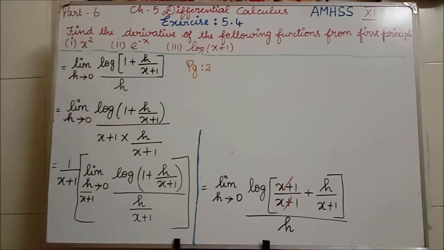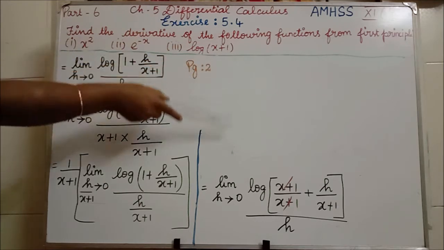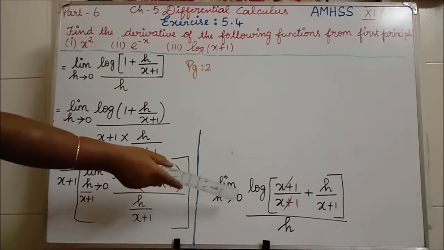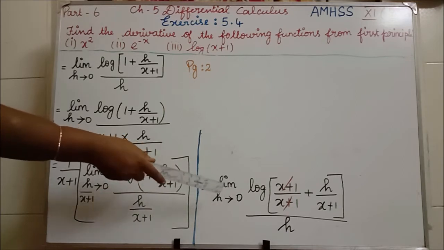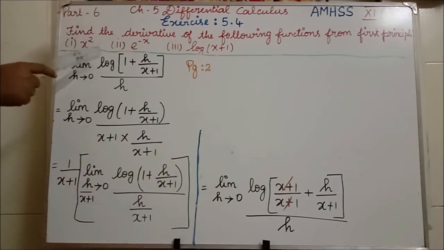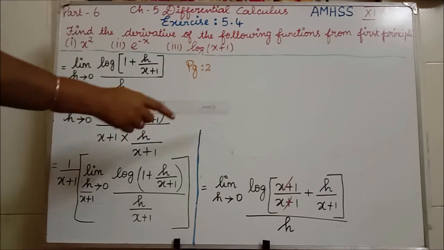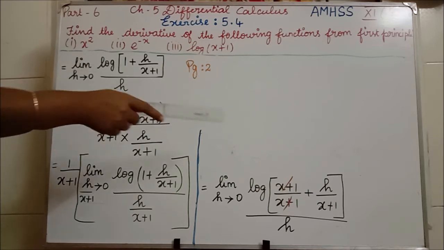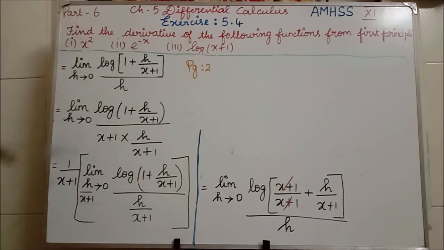This is page number 2. I have written page number 1 this side; this is the last step in page number 1. This alone I have not erased because we are going to continue. Now I am telling how the step came. x+1 and x+1 will get cancelled. We will get 1 plus h divided by x+1.